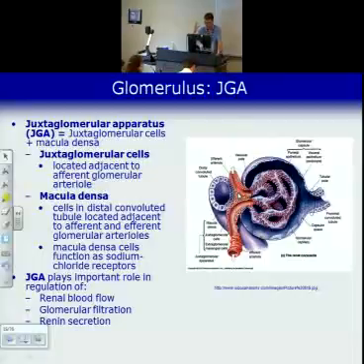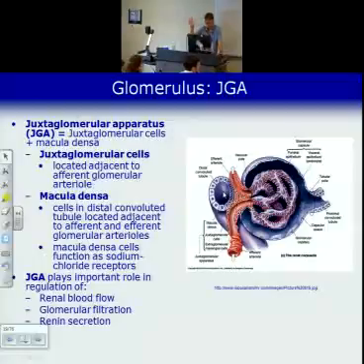So it's kind of a local update at an individual nephron level of how that nephron is functioning. These macula densa cells are in the wall of this tubule, and what they do is detect sodium passing through it.